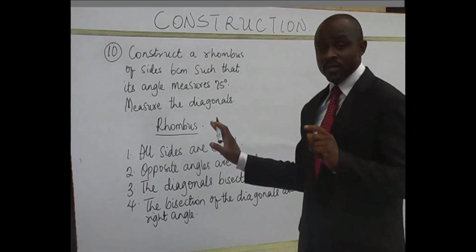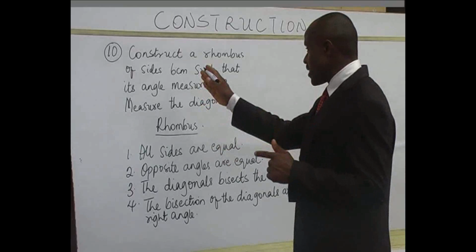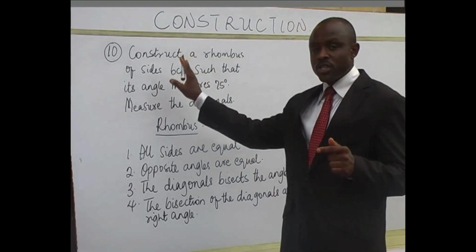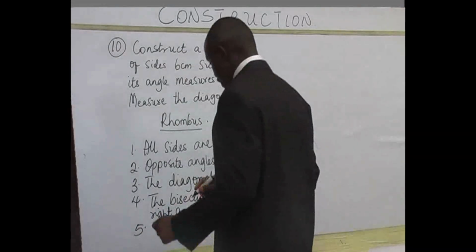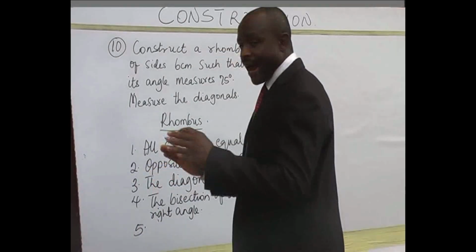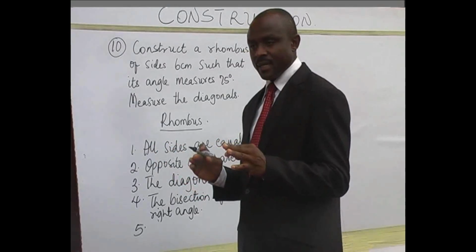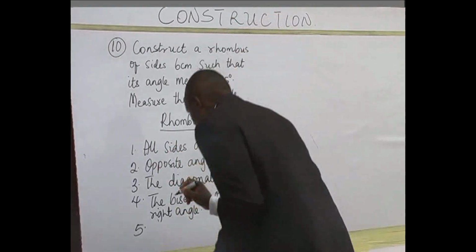I'm going to explain all these things when we start constructing what the question says we should construct of a rhombus. The fifth is that the opposite sides are parallel, just like a parallelogram.